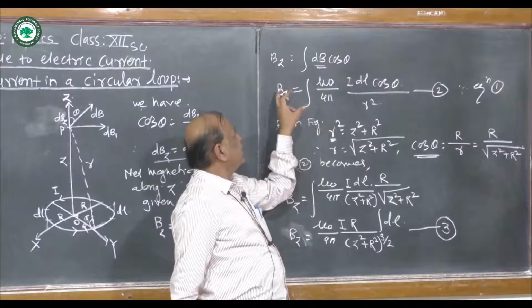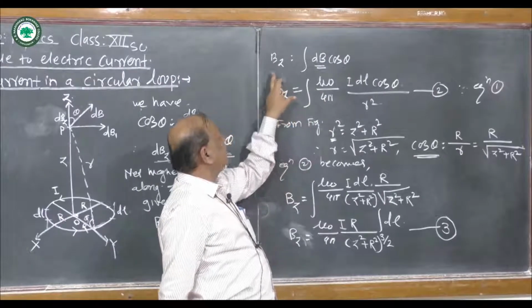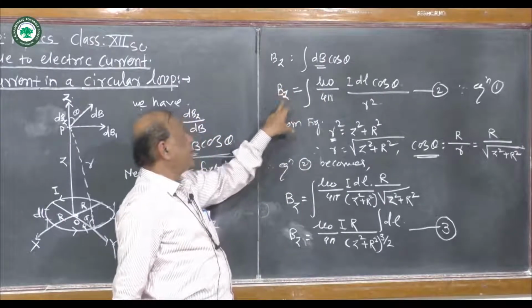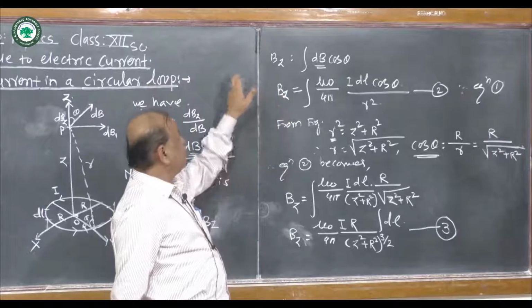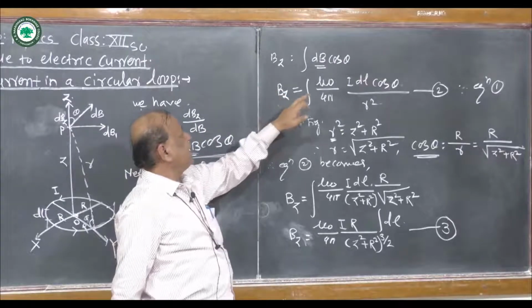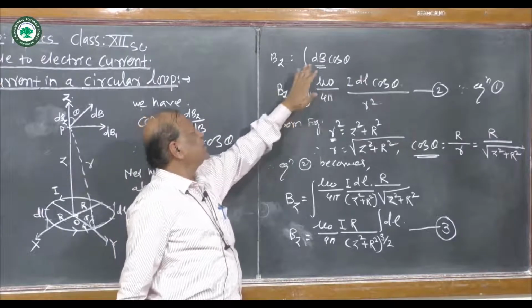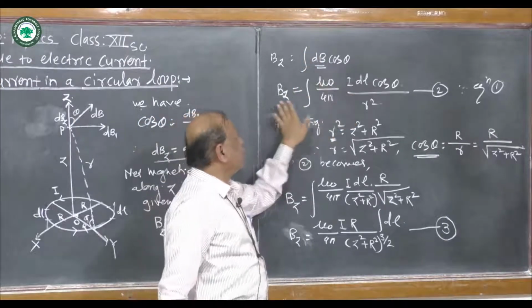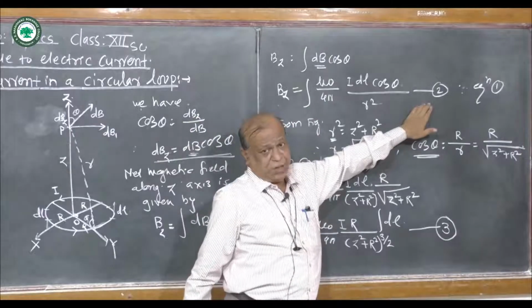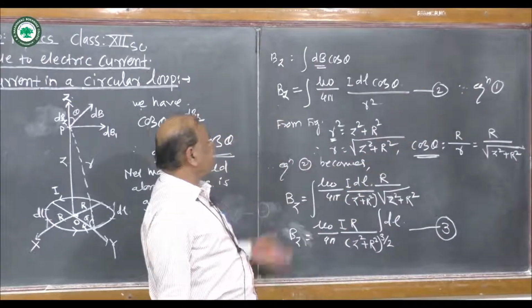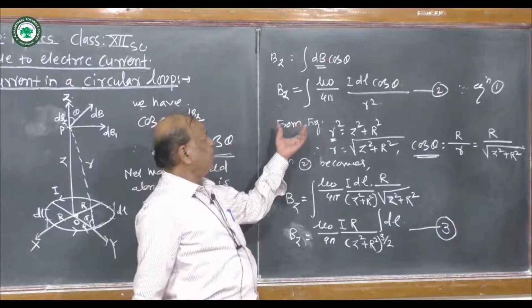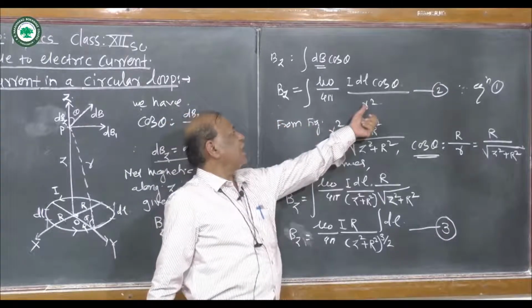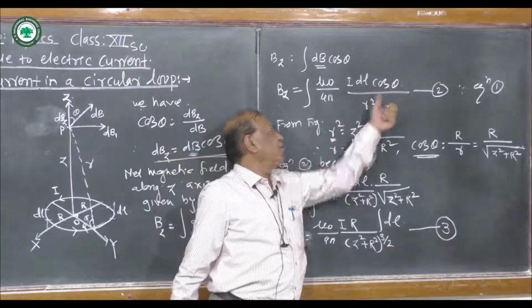And this net magnetic field along the z axis, that is Bz, can be obtained taking the integration of this equation, putting the value of dB, we get the equation number 2 here. And now from the figure find the value of this r square and value of that cos theta.